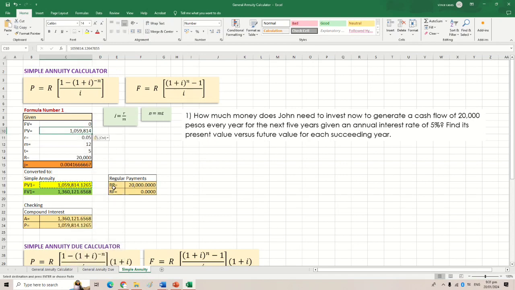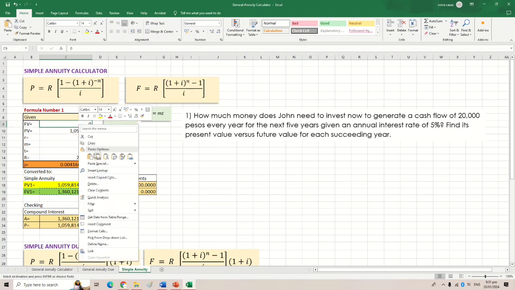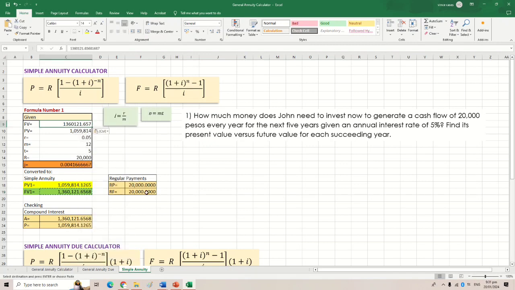Alright, so our regular payment matches our regular payment in the input. Let's check our future value and paste it here. Again, 20,000, it matches. So our calculator is consistent.